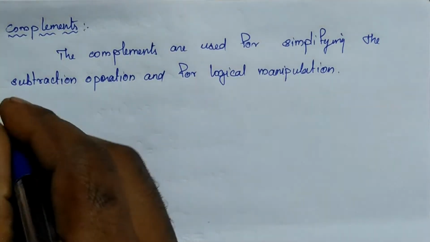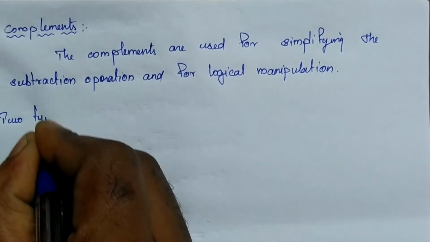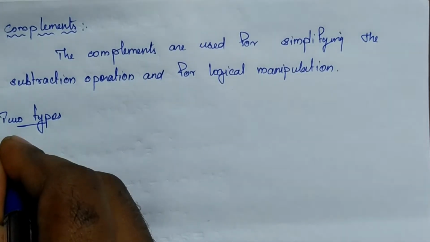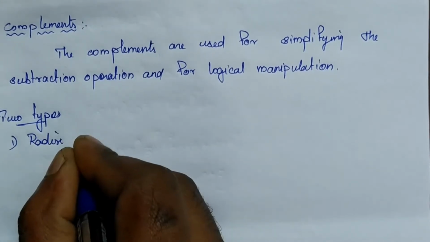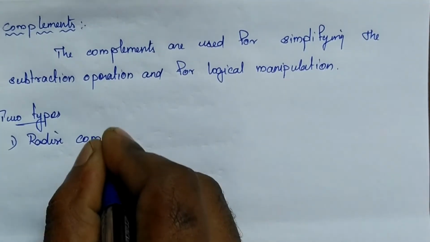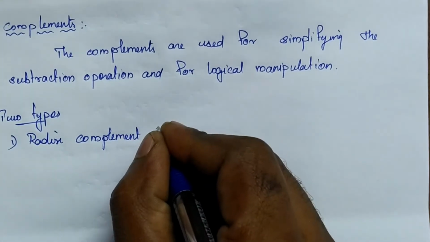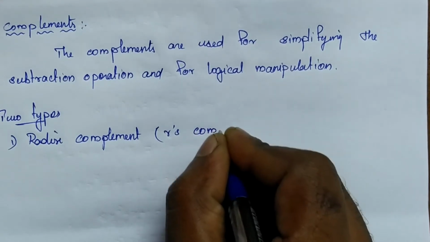So there are two types. First one is radix complement, also called as R's complement.